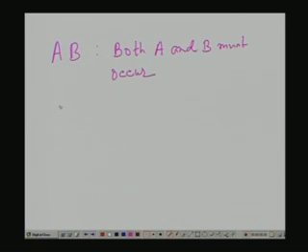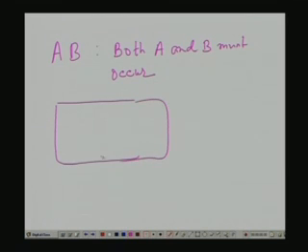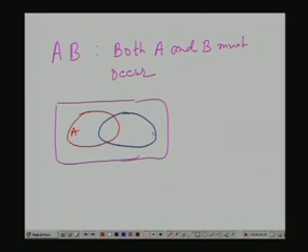Suppose I consider the Venn diagram, this is A and suppose this is your B. If both A and B have to occur, the outcomes should be experimental outcomes that lie here, where A and B intersect, isn't it? Then only both A and B can take place simultaneously.